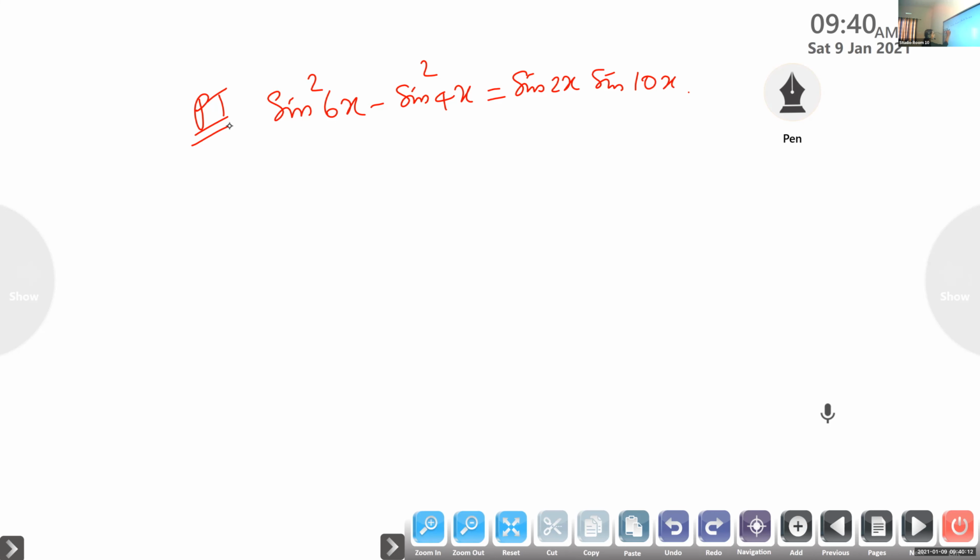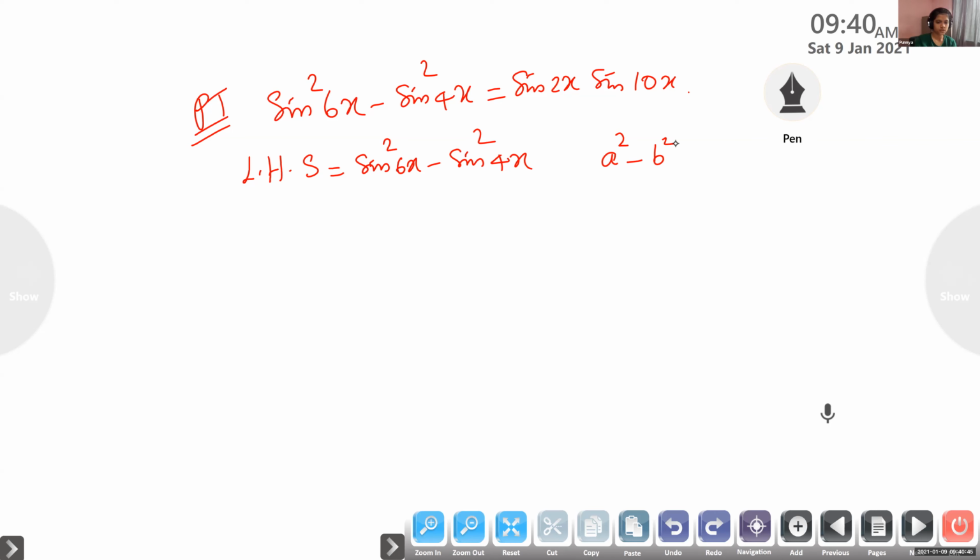So you start from LHS. In LHS what we have? Sine square 6x minus sine square 4x. Children, listen here. It is of the form a square minus b square, isn't it? If we have squares, we can't use the sum to product formula directly. So how can we write a square minus b square?